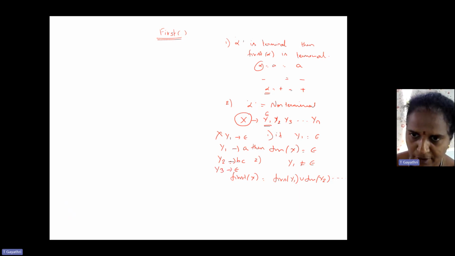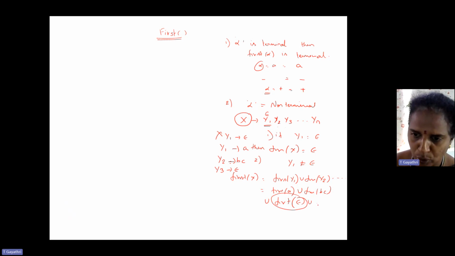These are the productions for y1, y2, y3. So what is the first of x? First of y1, that is a, union the first of y2, that is first of bc, union the first of y3. What is the y3 production? Epsilon, right? So here we are getting the epsilon.